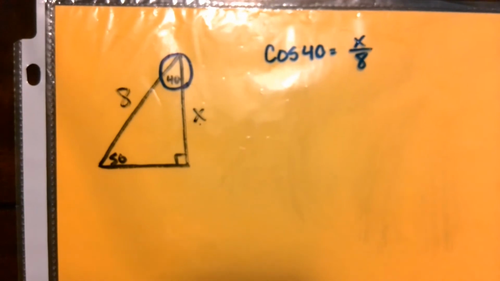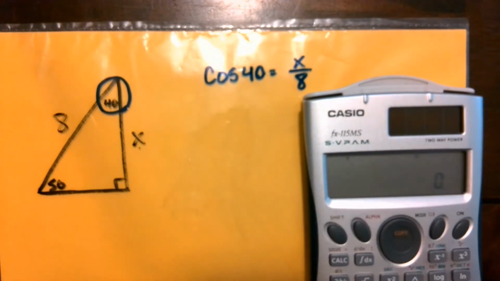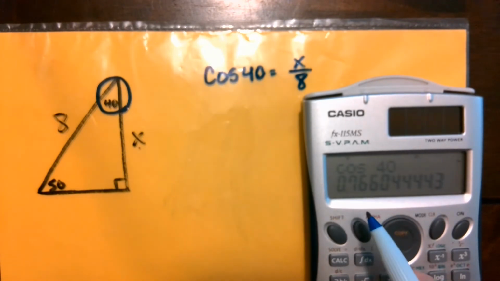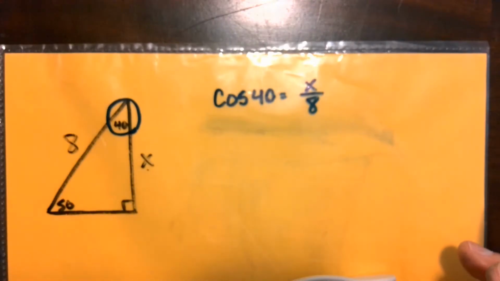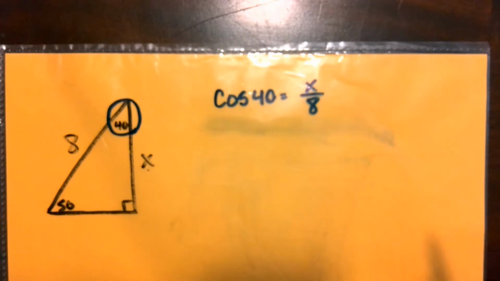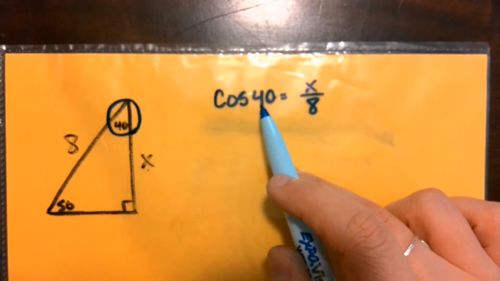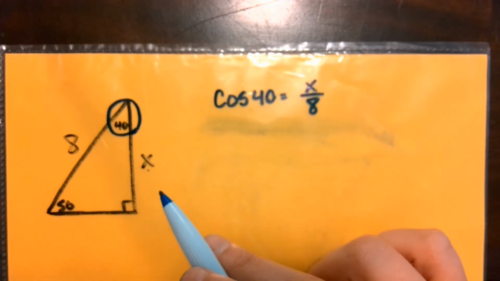And what your calculator is telling you, and of course we're going to multiply by 8 first, so we don't necessarily need to just find the cosine of 40. But when we find the cosine of 40, it's telling us this is the ratio that they have to be in order for this triangle to be a 40, 50, 90 triangle. So by setting up this equation, we actually have set up a proportion, because we're saying that whatever cosine of 40 is has to be equal to the ratio x to 8 in this triangle.